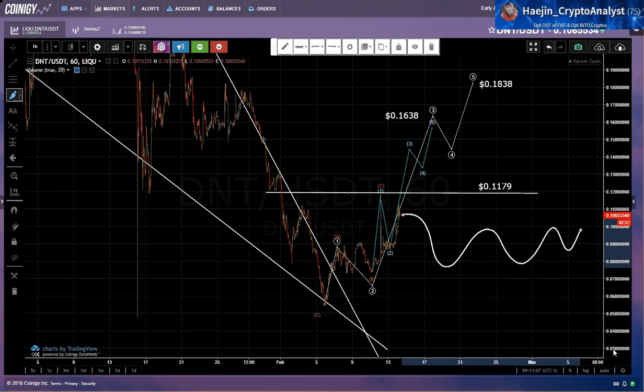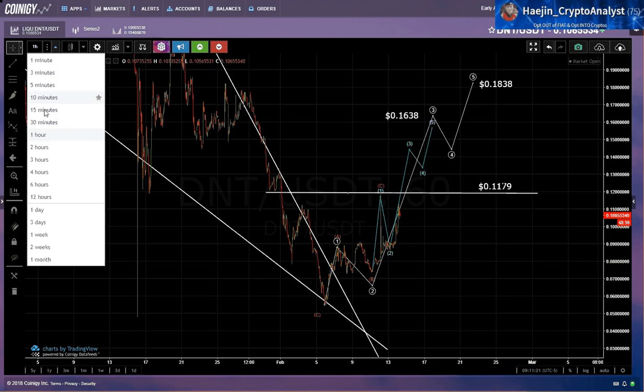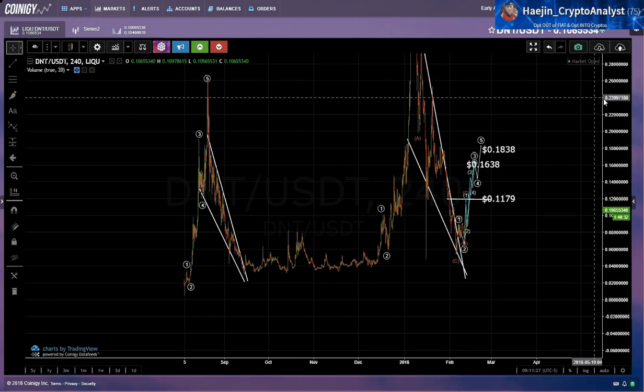Now, in this sideways pattern, we have a very sizable cup and a handle.